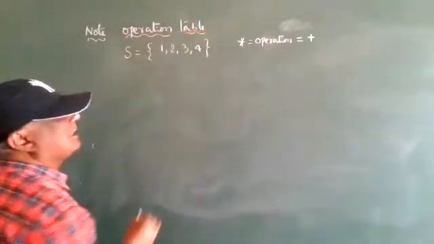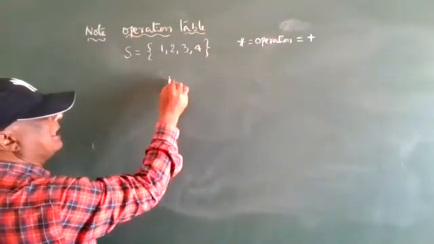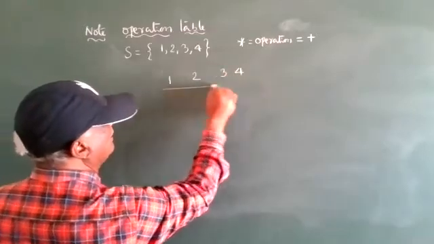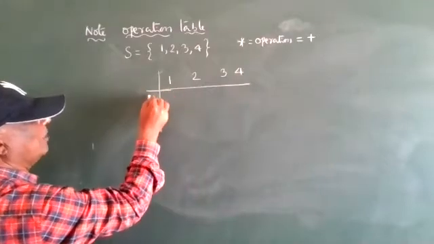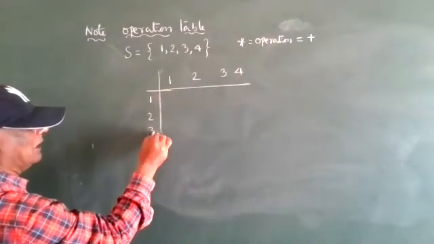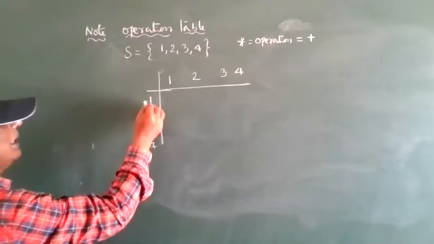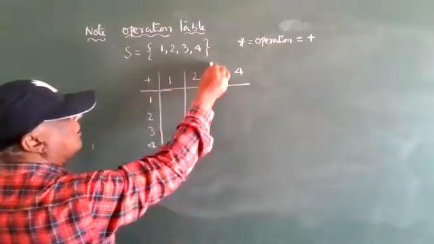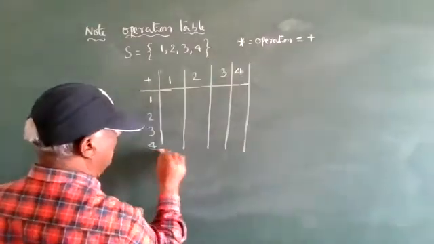First, write these set numbers down horizontally: 1, 2, 3, 4. Then write these set numbers down vertically: 1, 2, 3, 4. Here write the operation, plus.